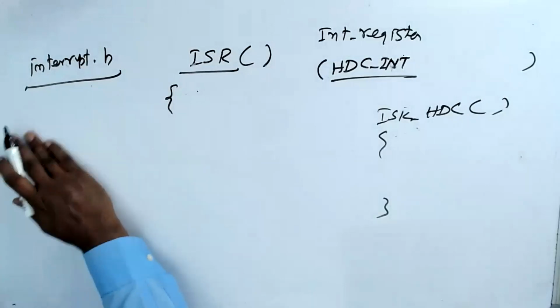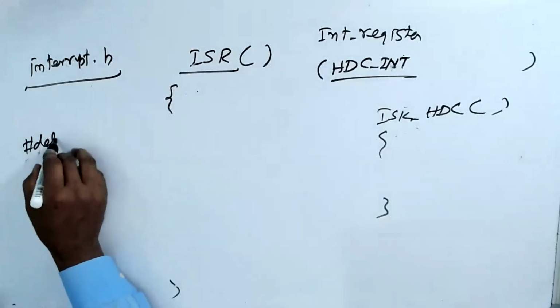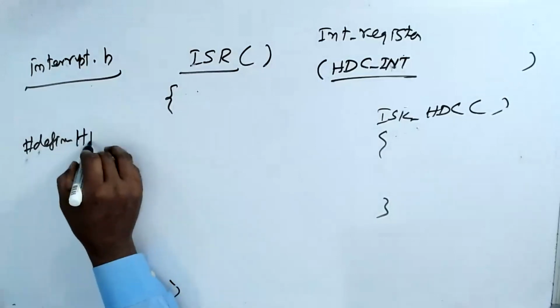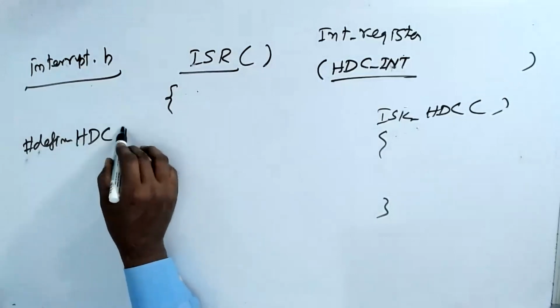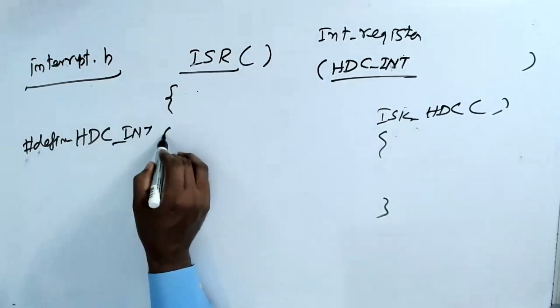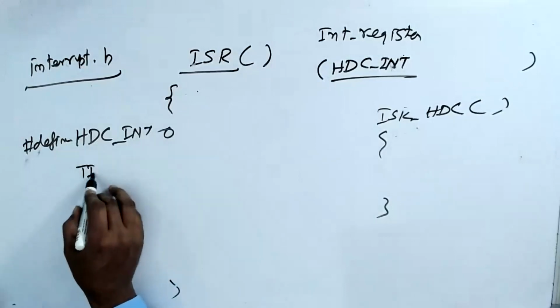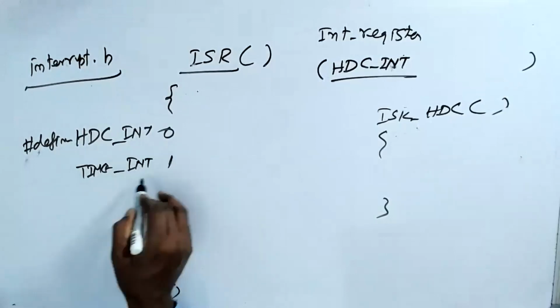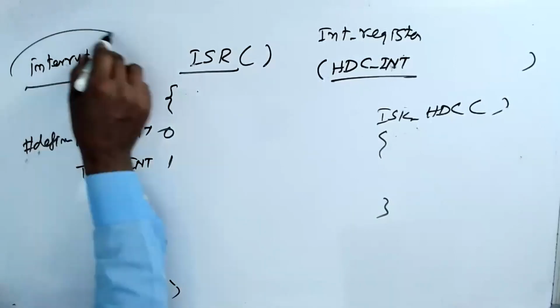In it you will have hash define HDC int 0, timer int 1, like that. It's all available here.